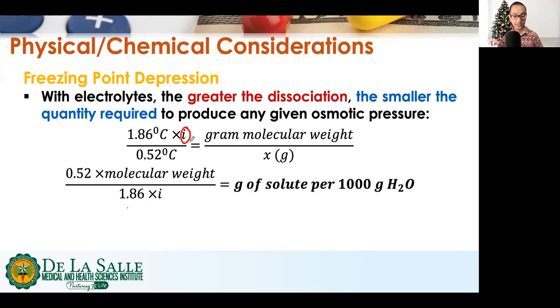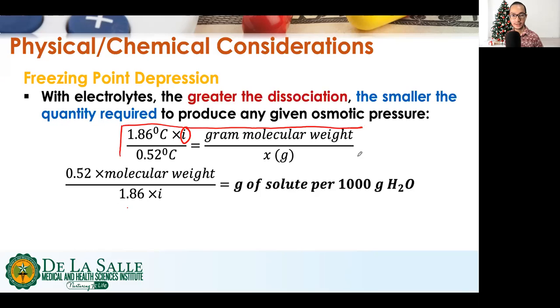So we can just move this to compute for the weight of the solute per 1,000 grams of the water. So we'll have this formula, but I don't usually memorize formulas, so I'll just focus on this one.